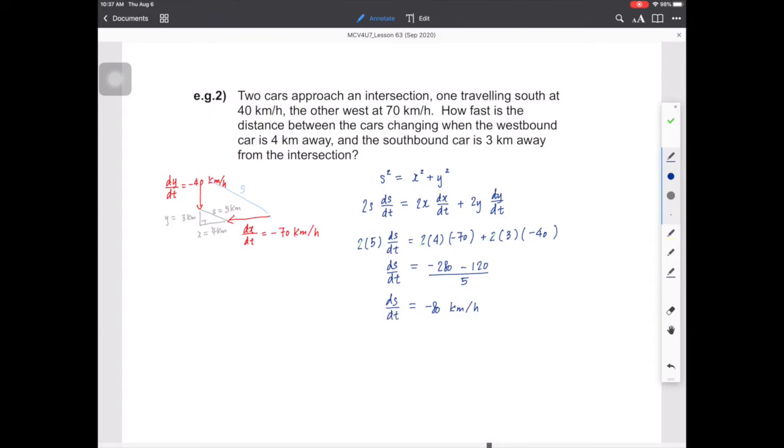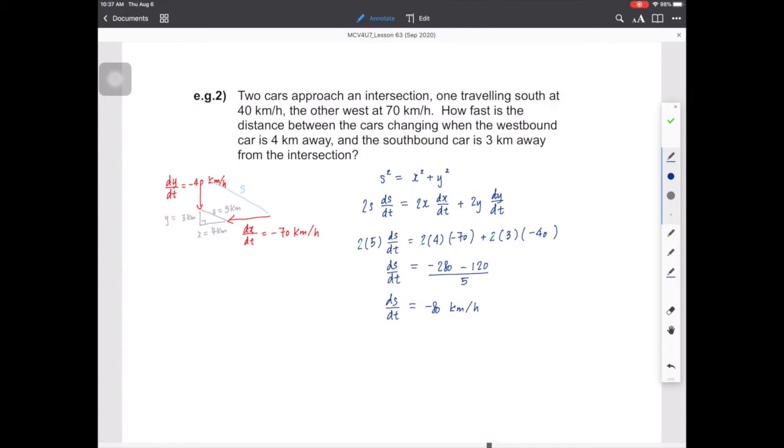So let's take a look at the signs of the variables and the rates of change that we have used in this question. Assume that south is negative and west is negative. The speeds have negative signs. ds by dt ends up being a negative value, which makes sense because, as we said, the distance between the two cars is actually shrinking.